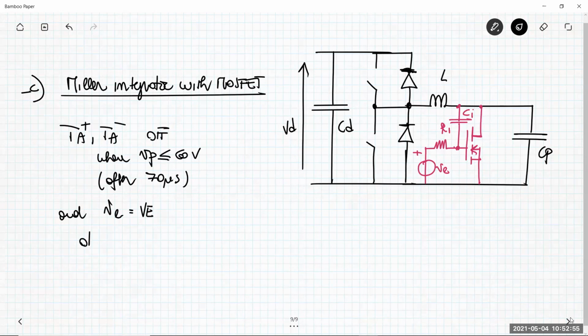Otherwise, VE is simply off, so the transistor is off. Okay, so the transistor, let me put it as S, is off.